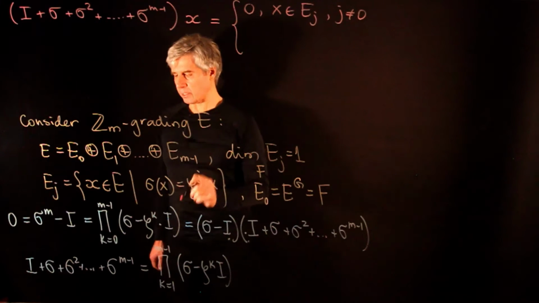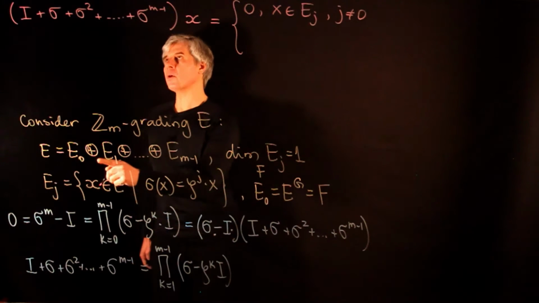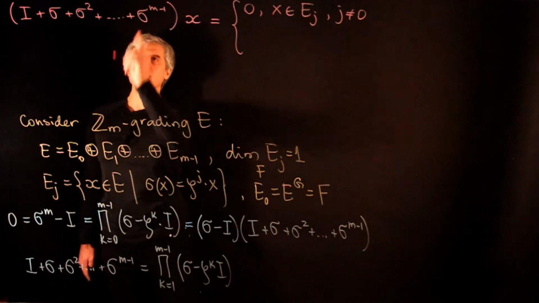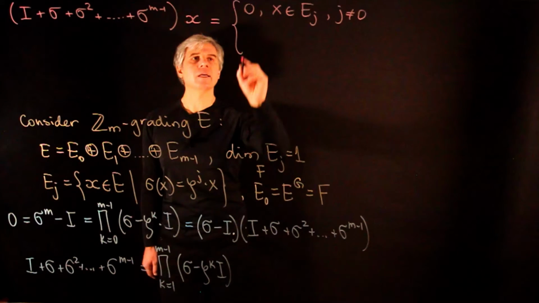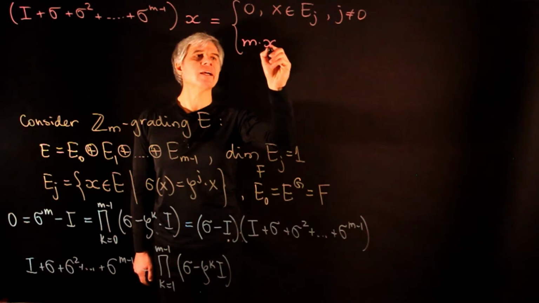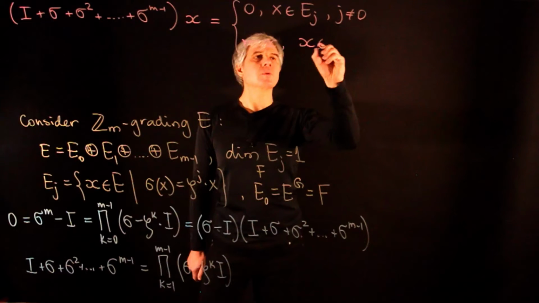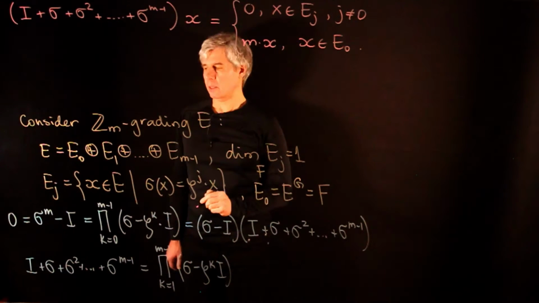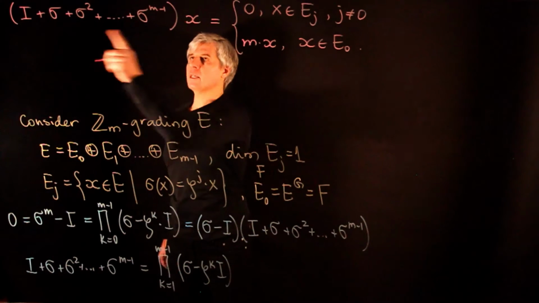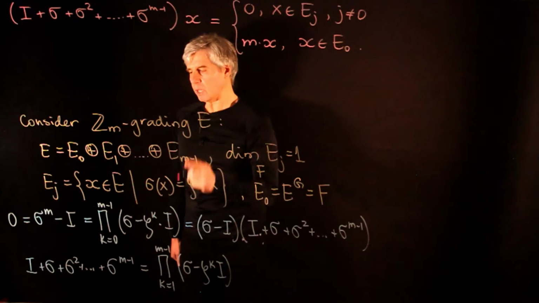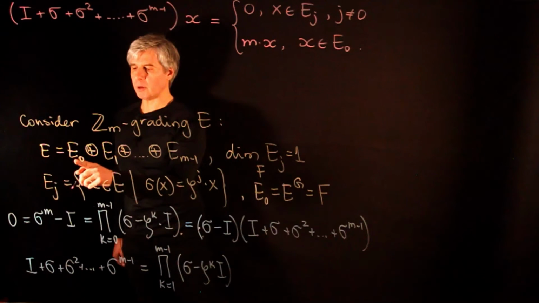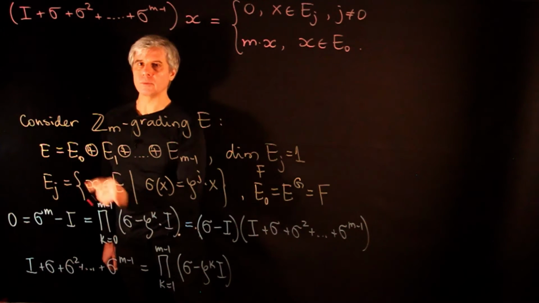And if x belongs to the component E0, then each of these operators will act as identity and we're going to get m times x. So if we divide this operator by m, then we will obtain a projection operator from E to E0.